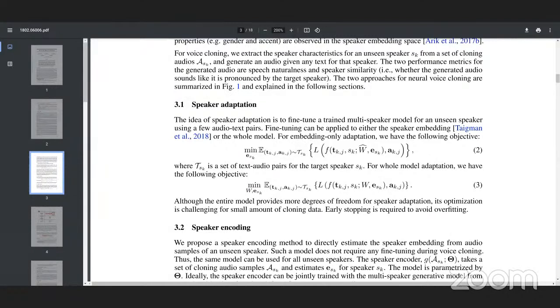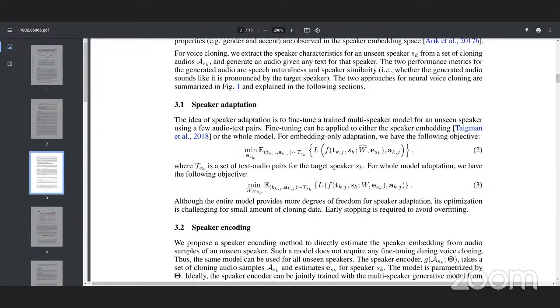The other way is just to tweak the embeddings itself and find the optimal embeddings as per the new speakers. That is the speaker adaptation method.